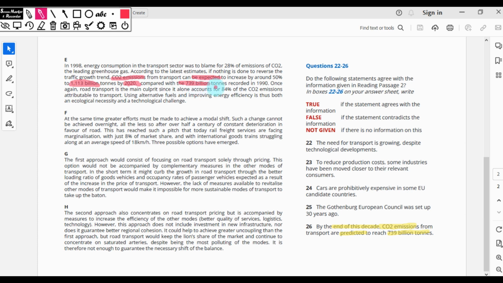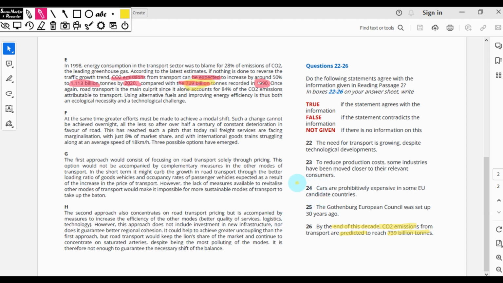Compare with 739 billion tons recorded in 1990. It is the recorded amount, not a predicted amount. 739 is the recorded amount in 1990, but we need the prediction. We need to find the answer regarding the prediction.